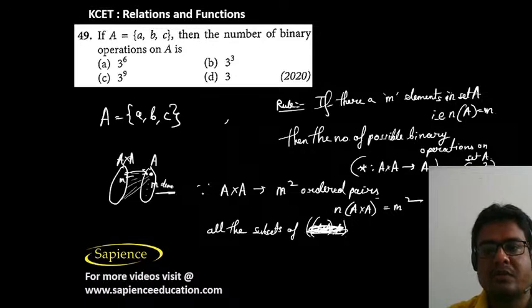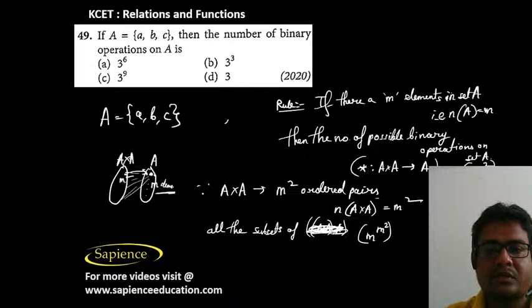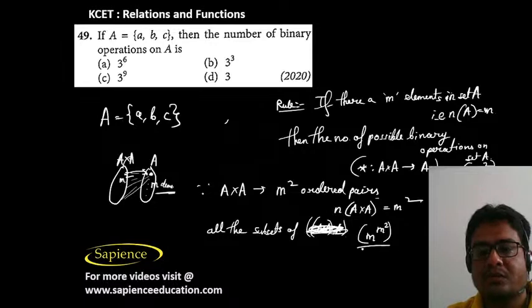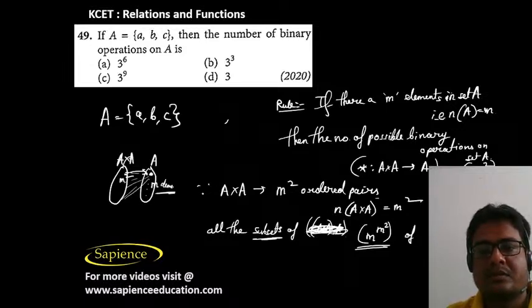So m square elements will have m raised to the power m square options. So m raised to the power m square binary operations can be formed.